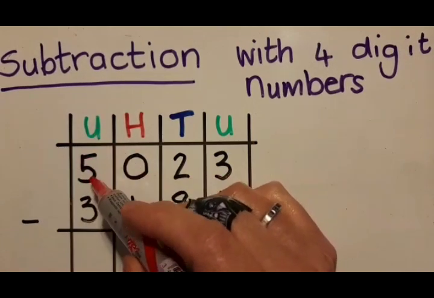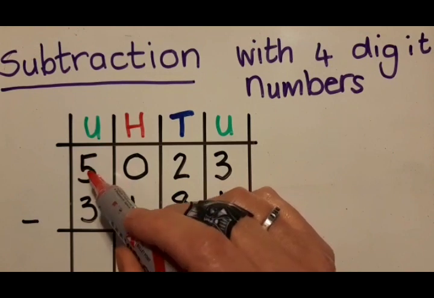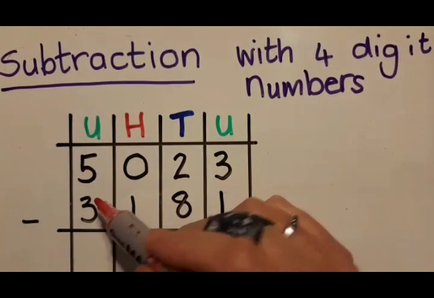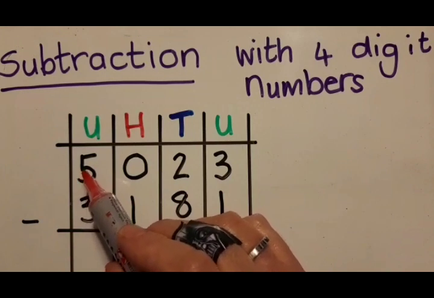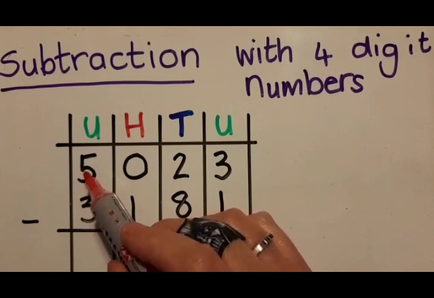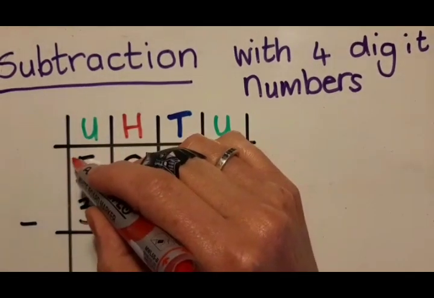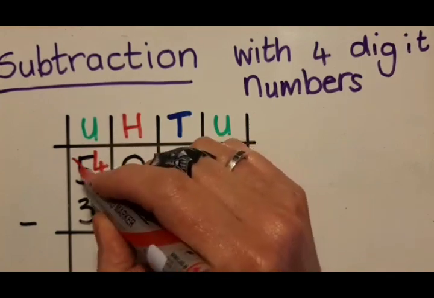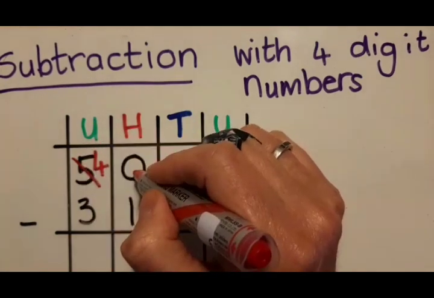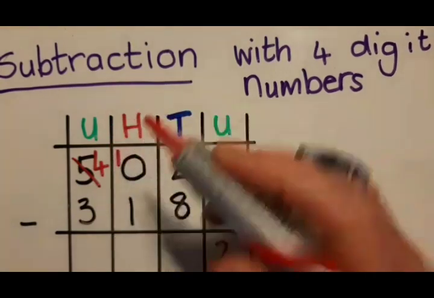It is the units column of the thousands house, and there is 5. So we're saying, well, can we please borrow one of your units? And we cross it out and we put a 4 because now there's 1 less, and that 1 can't skip. It has to go to this column here.